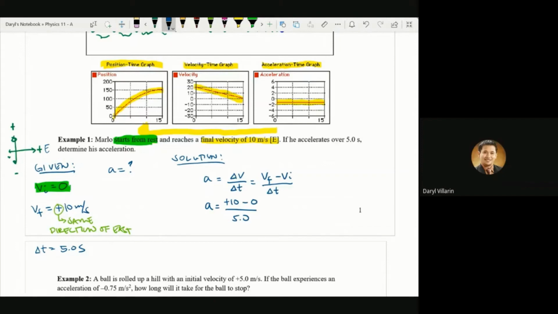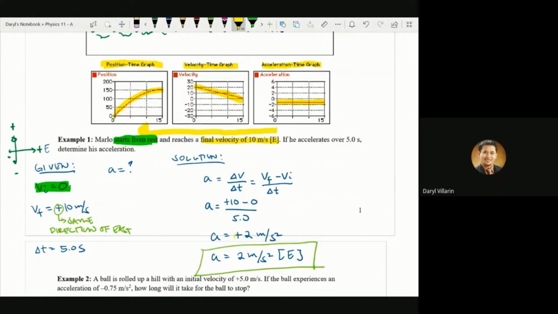So a would be positive 2 meters per second squared. My final answer, the positive sign here indicates that it should be in the positive direction, which is east. So the final answer should be written as 2 meters per second squared east. So this would be my final answer.